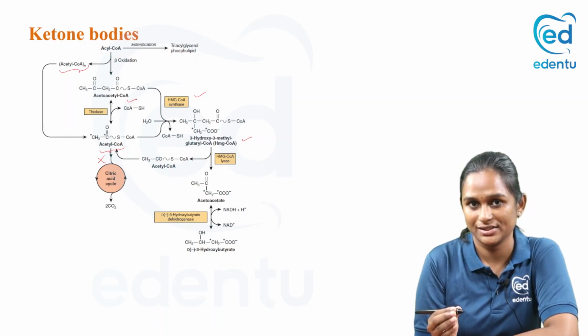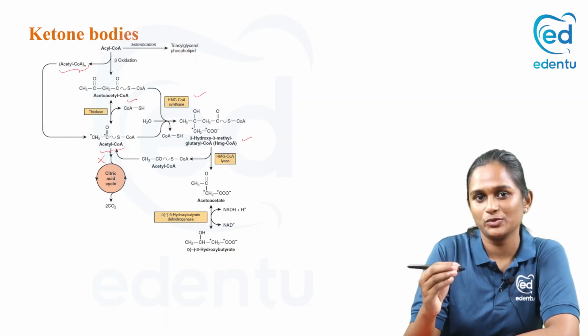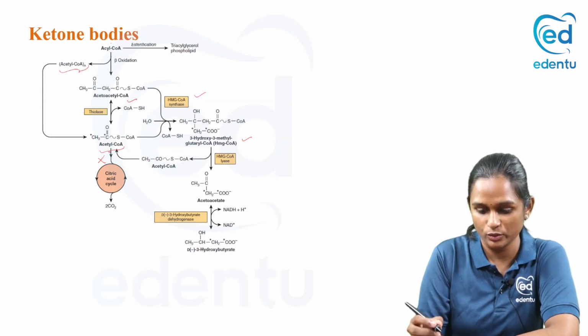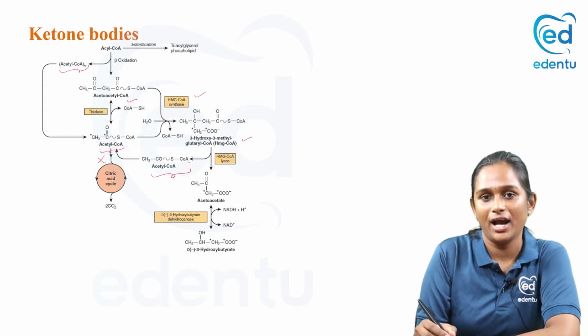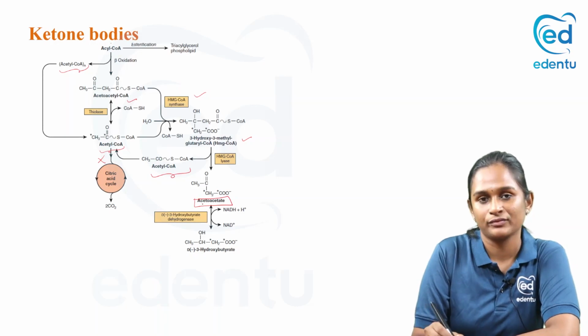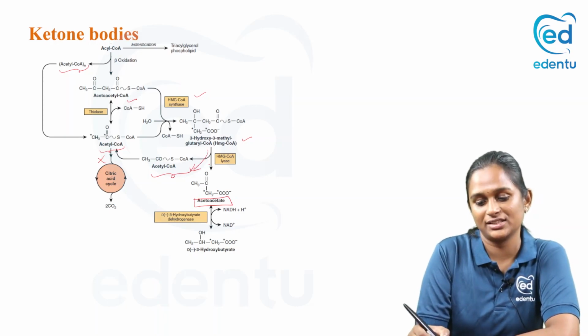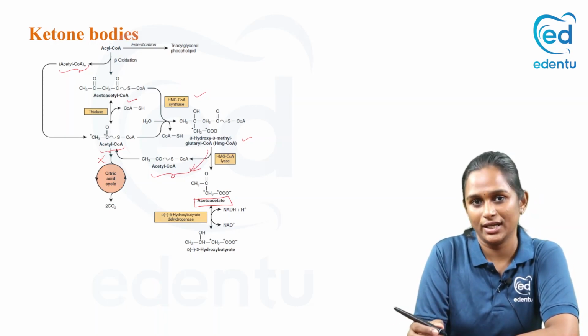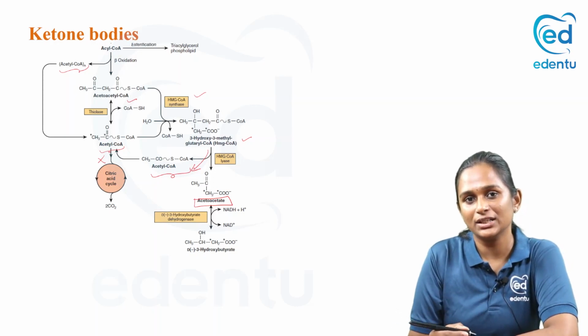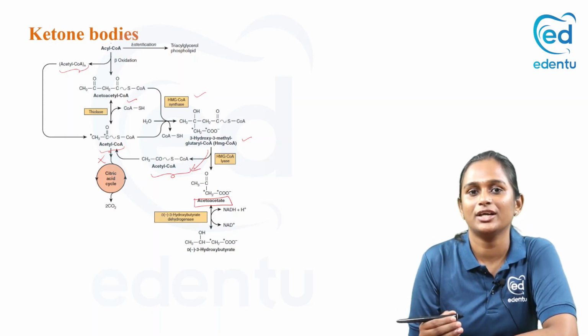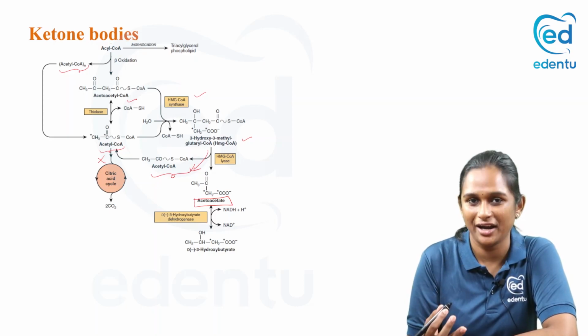The next enzyme, hydroxymethylglutaryl-CoA lyase, HMG-CoA lyase, will convert this HMG-CoA to acetyl-CoA and acetoacetate. One acetyl-CoA is released. This acetoacetate will be converted to beta-hydroxybutyrate with the help of the enzyme beta-hydroxybutyrate dehydrogenase.